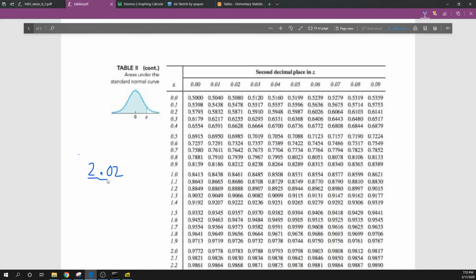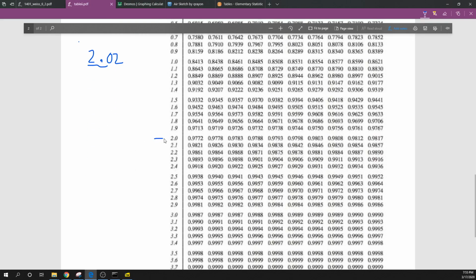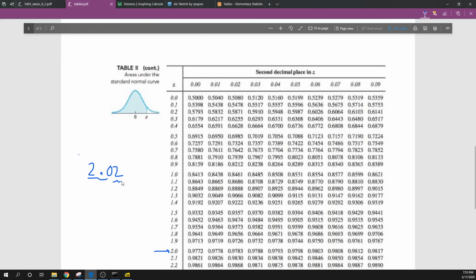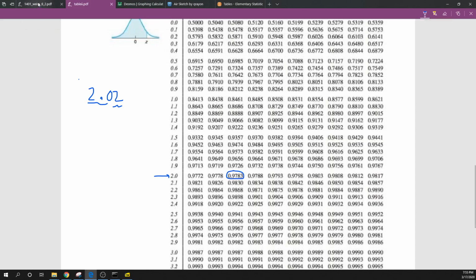The first two are 2.0, so we go down here and find 2.0, there it is. Then we look across the top. The third digit is a 2, so we're looking for 0.02 right here. We go all the way down, and we get our number right here, and that is 0.9783.